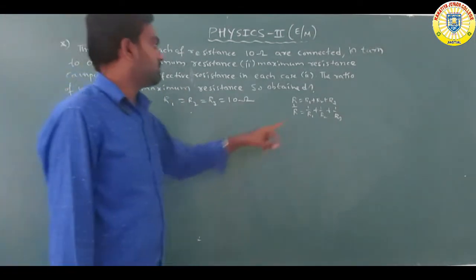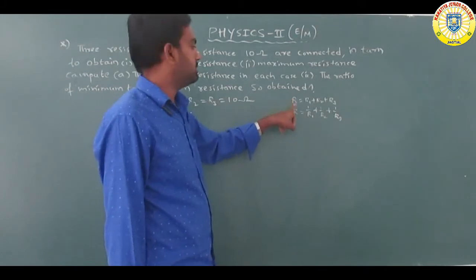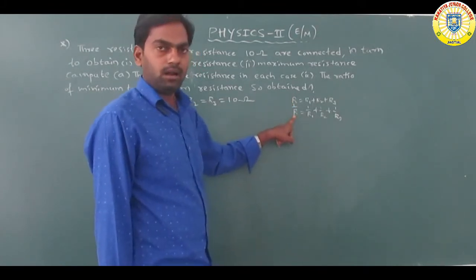So this is the maximum resistance in a series combination, and the minimum resistance in a parallel combination.